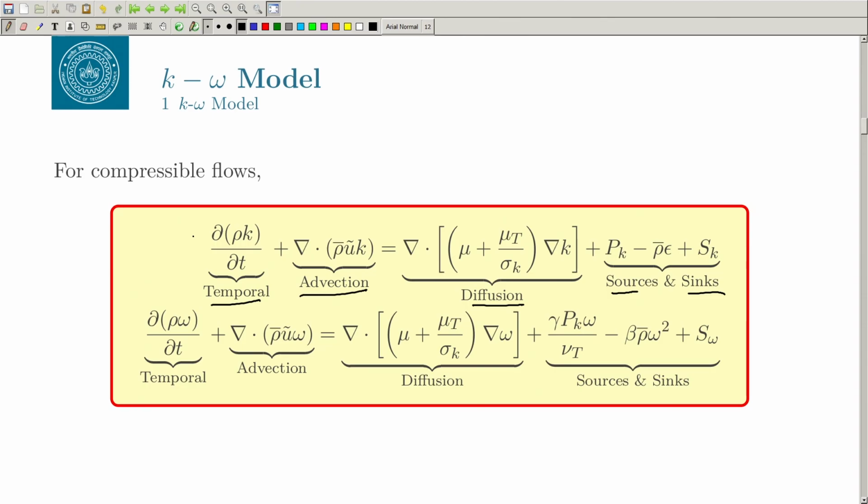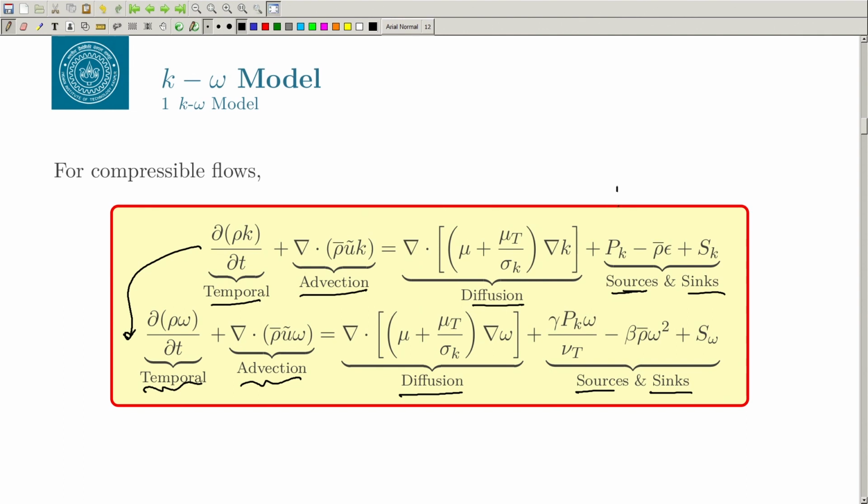So, taking inspiration from this equation, we get the omega equation: replace the k with omega and make sure that you have all the terms that you require. So, the time dependent term of omega, how the omega is getting injected in the flow, how it is getting diffused, and like the way you had sources and sinks in the k equation, you will have sources and sinks in the omega equation also.